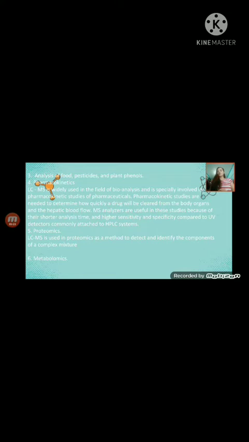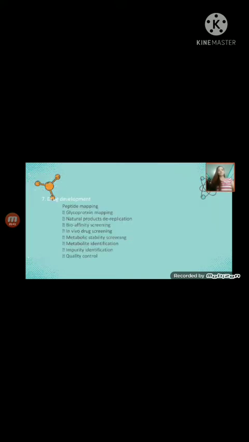Then the fifth one is proteomics. It is used as a method to detect and identify the components of a complex mixture. The next one is metabolomics. Lastly is drug development.